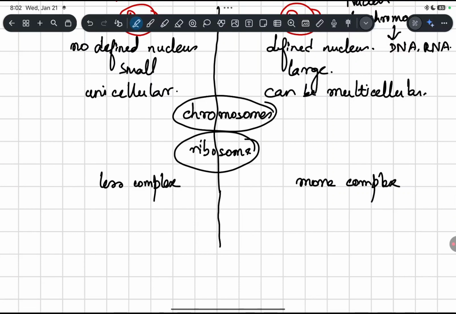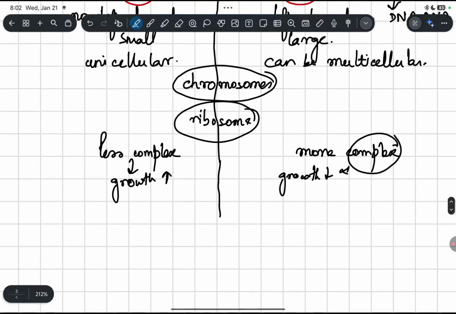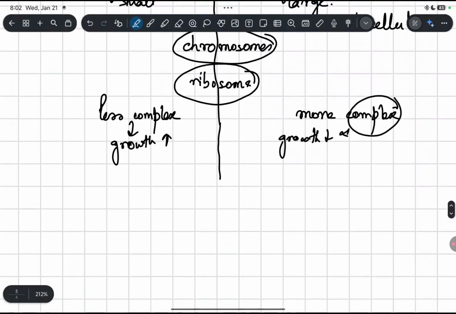Thus prokaryotic cell growth is very fast. They can replicate and multiply quite easily, whereas eukaryotic cells are much more complex, so their growth is slower than that of the prokaryotes, right? So yeah, these were some of the differences.